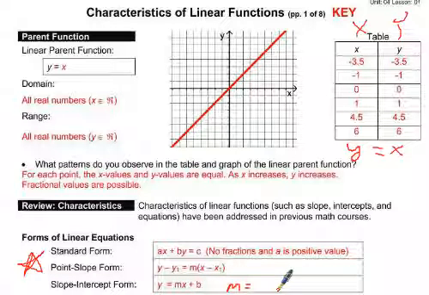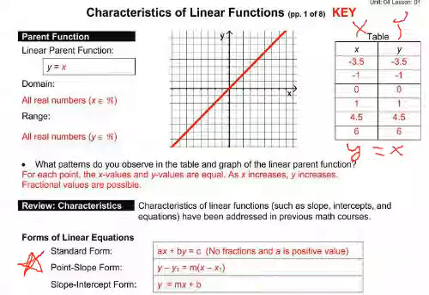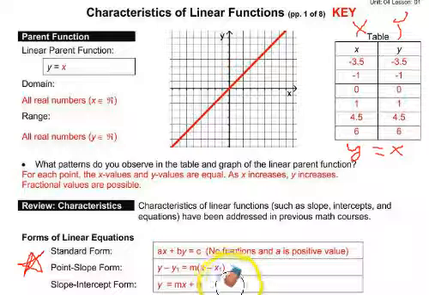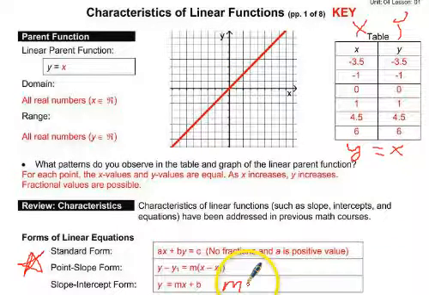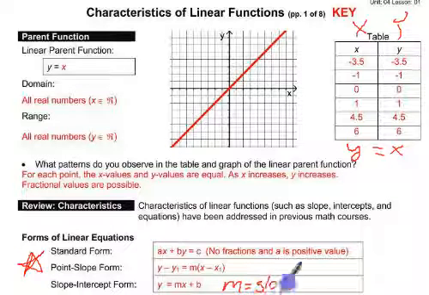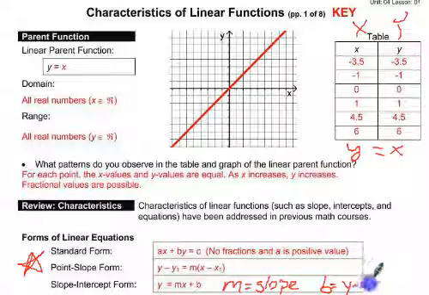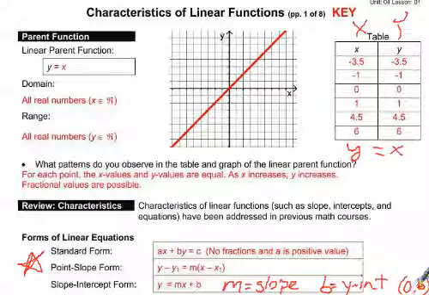By the way, if you haven't gotten the top, because I know I'm talking fast, you need to pause it and copy the top. All right, m is your slope, and b is your y-intercept, always. And your y-intercept will look like this sometimes as an ordered pair.